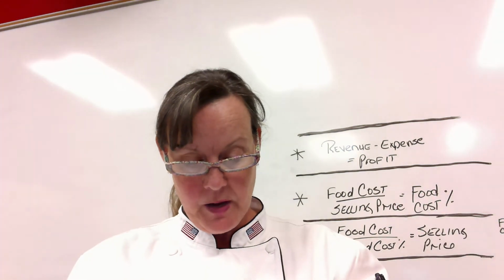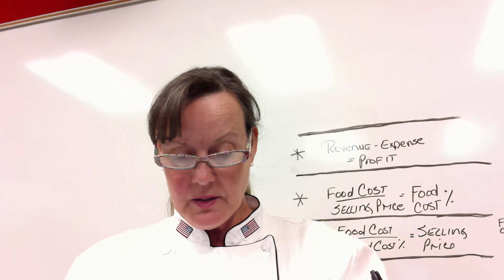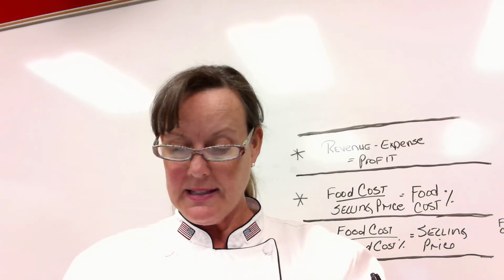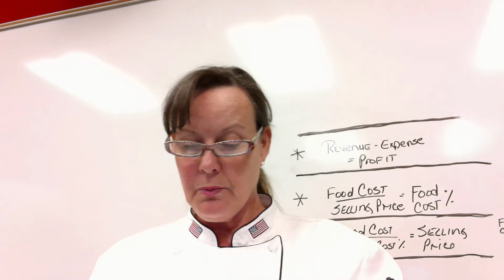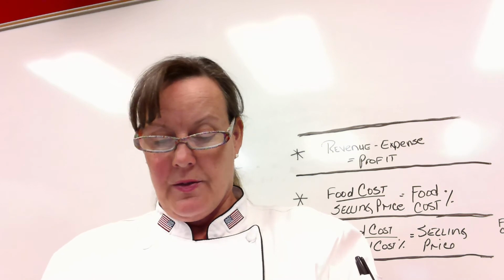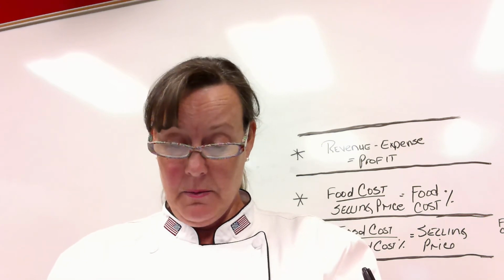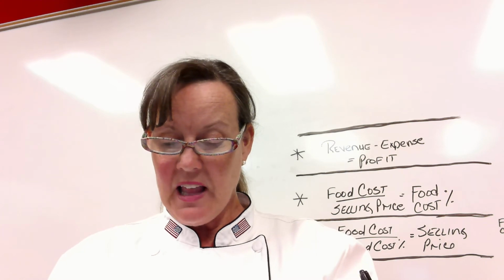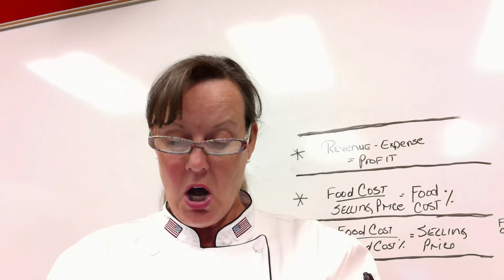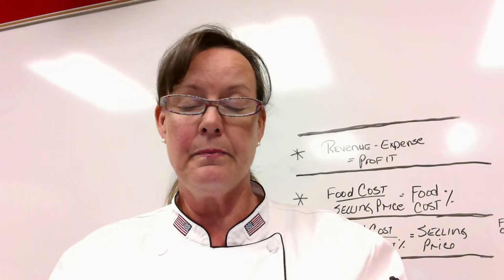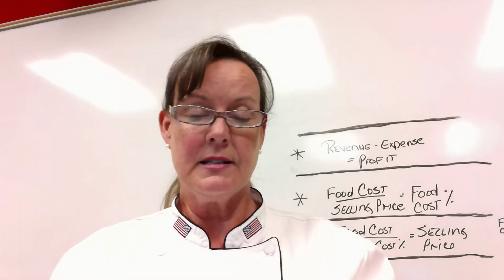Just understand that they're rearranging those items within that formula to come up with a different answer for whatever the item is. All right, so let's move on to the margin pricing method. The contribution margin pricing method, CM for short, is what's left over after the food cost of the menu item is subtracted from the menu selling price, okay?